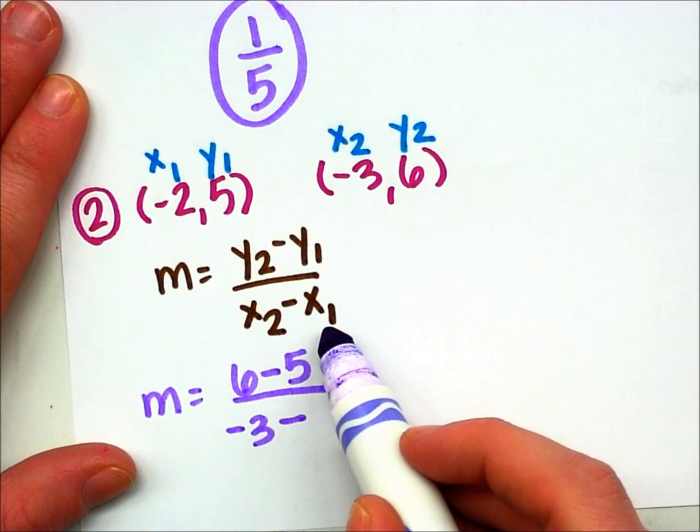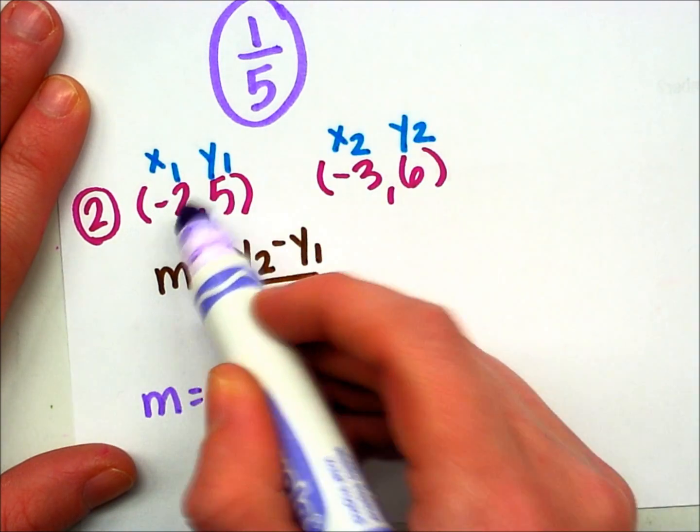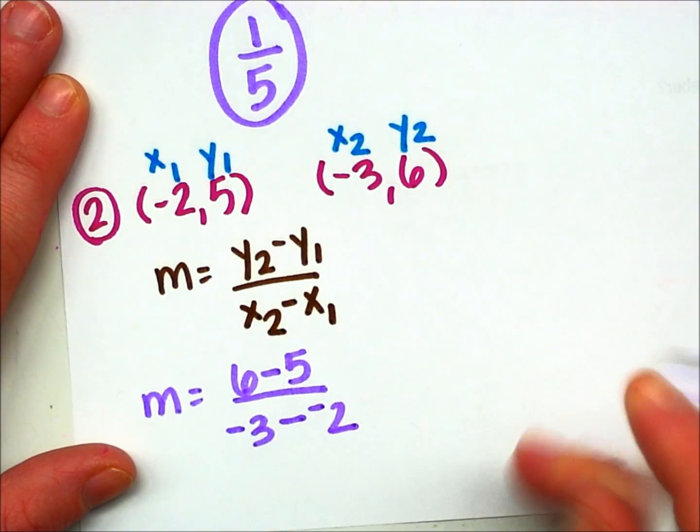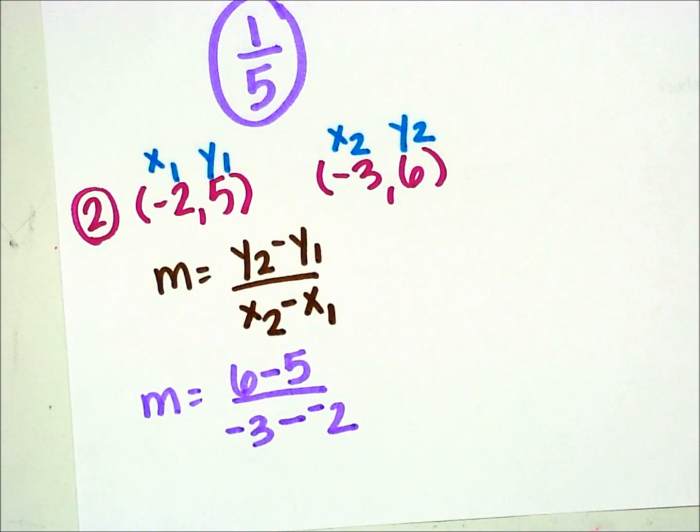Then write x sub 1. X sub 1 is negative 2. Look at the denominator. It should read negative 3 minus negative 2. A common mistake is for students to leave off this negative 2 and write negative 3 minus positive 2. If you left off the negative sign in front of the 2, your answer would end up being incorrect. So be careful.